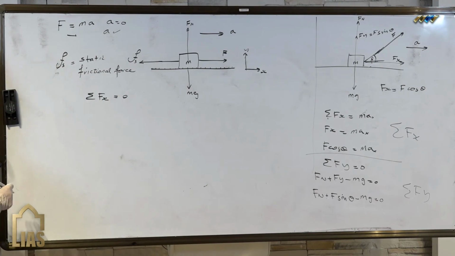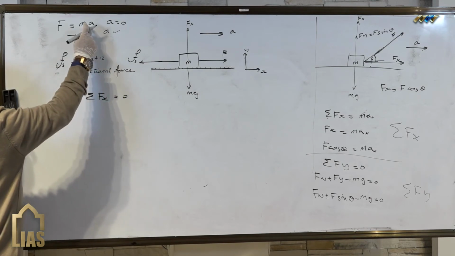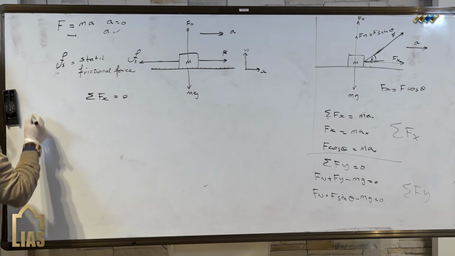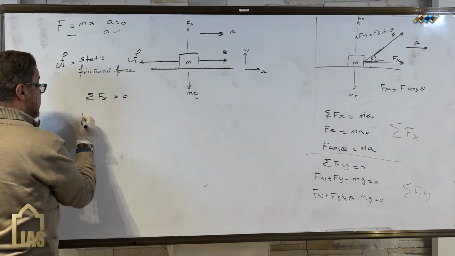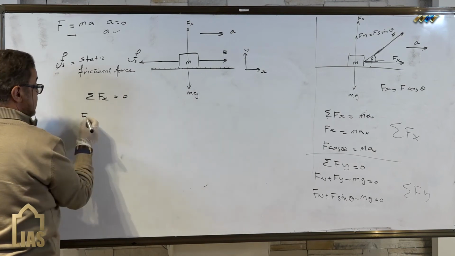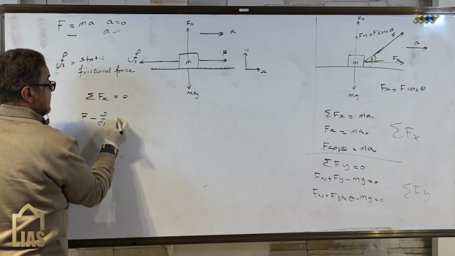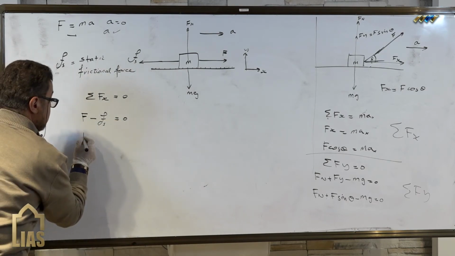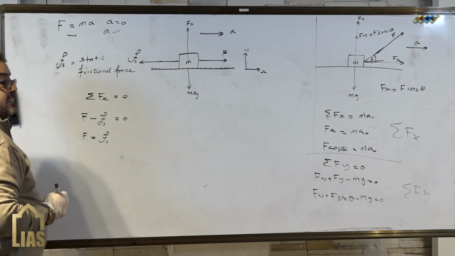The body is not moving in x, that means a in x is 0. What we have in x is F in the positive direction minus Fs is equal to 0. From here, F is equal to Fs, the static force.